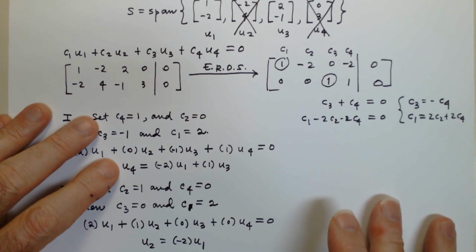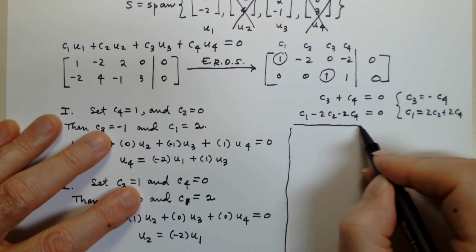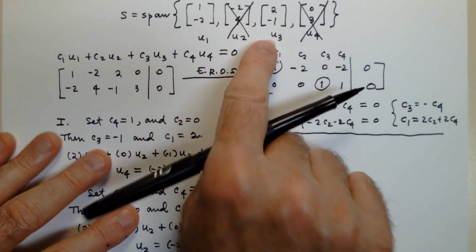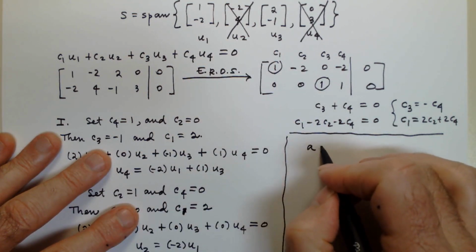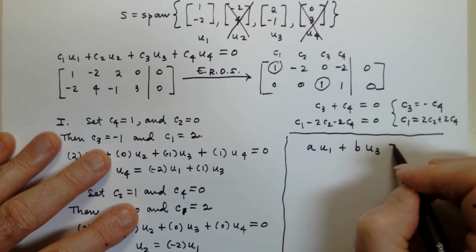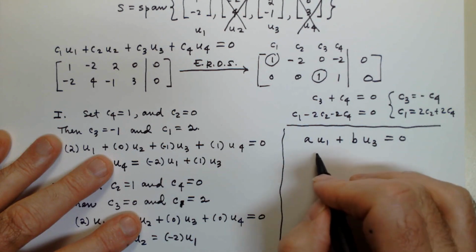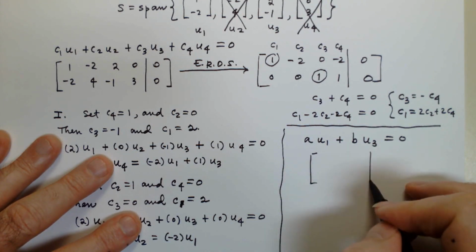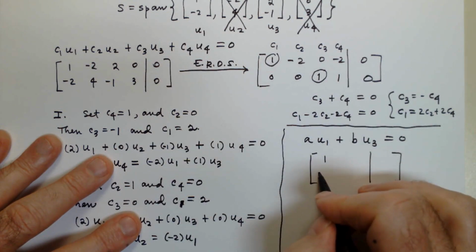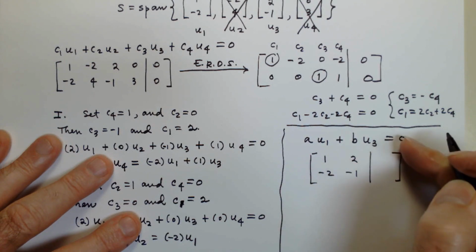Now let me get a fresh start on this. How do I test for independence? Well, I'd have to look to see whether or not there are any non-trivial solutions to this equation. And how can I study this equation? I can study it as an augmented matrix where I feed in U1, U3, and a column of zeros.